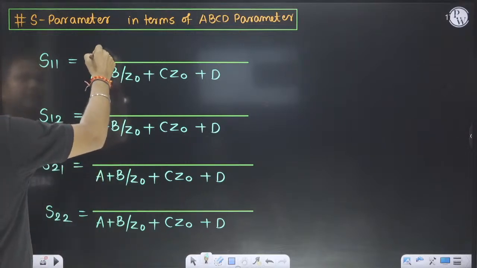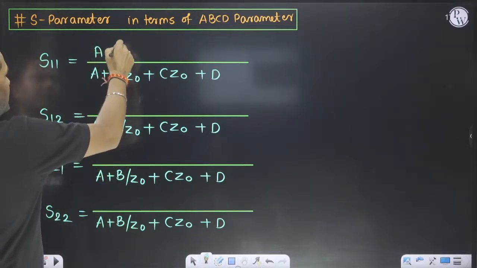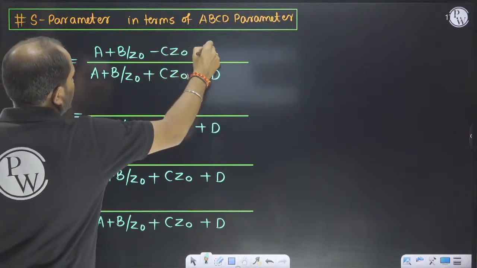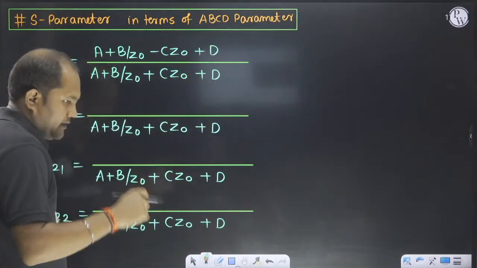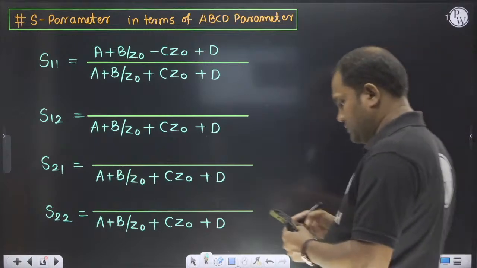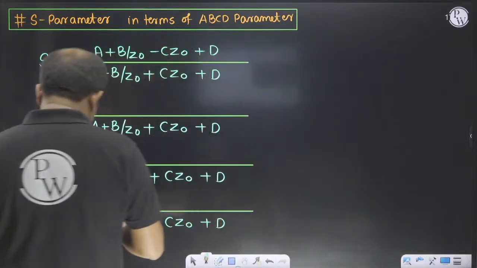Then we have A, B by Z naught, and C Z naught plus D. One second, I forgot this formula. You have to remember this formula.